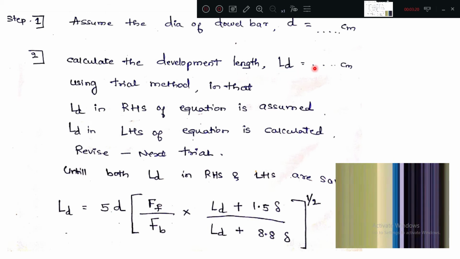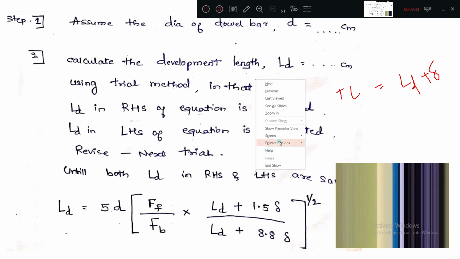Development length plus joint gap is equal to total length, L equals LD plus the joint gap. LD will be calculated using the trial and error method.